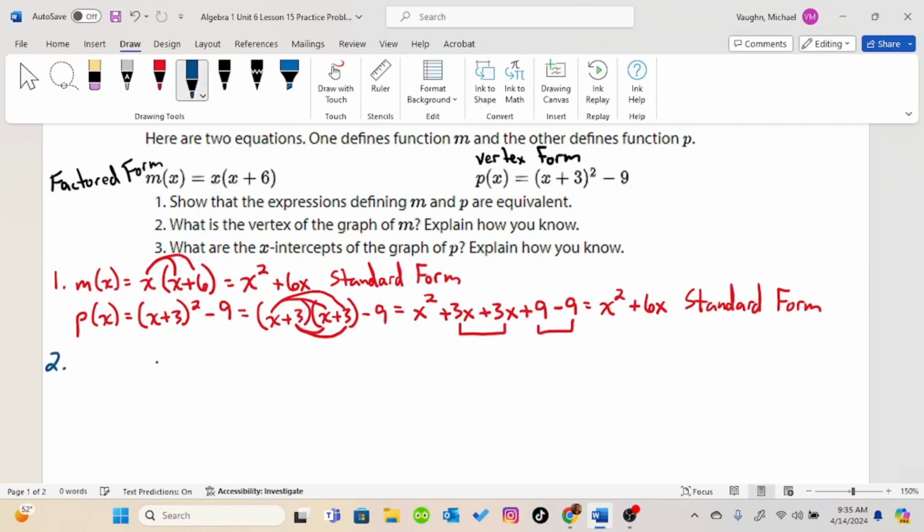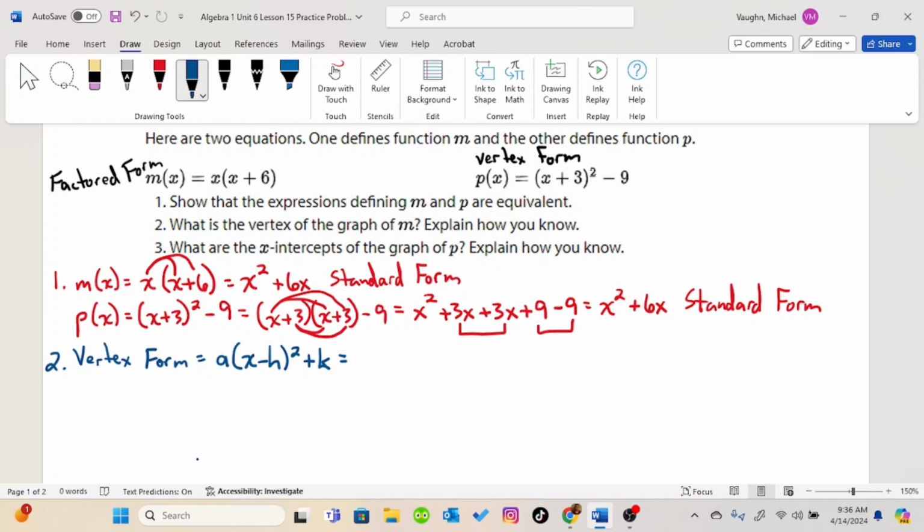Number 2. What is the vertex of the graph of p? Well, remember that vertex form equals a times x minus h squared plus k.